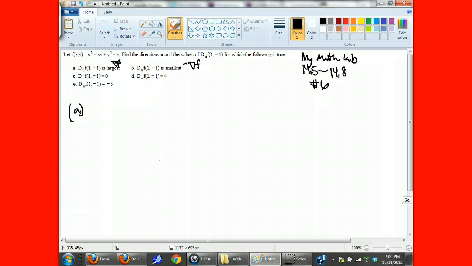Okay, so anyway, what's f? f is this function up here. It's very small, I'm sorry. The gradient of f is a vector that has partial derivatives as the components. The x component, the i component, is the x partial, 2x minus y. The j component is the y partial, negative x plus 2y minus 1.